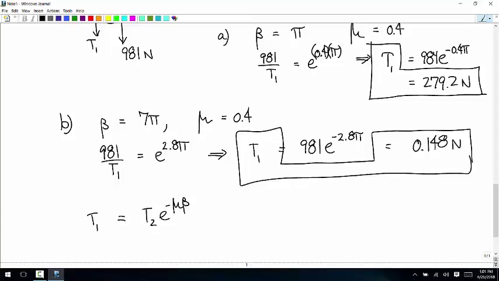And so you can just work it out so that you come up with a smaller value.